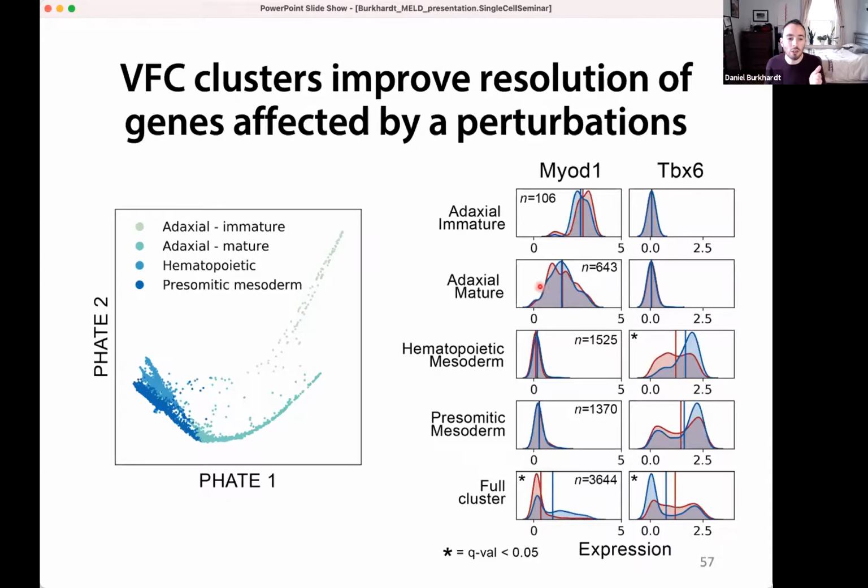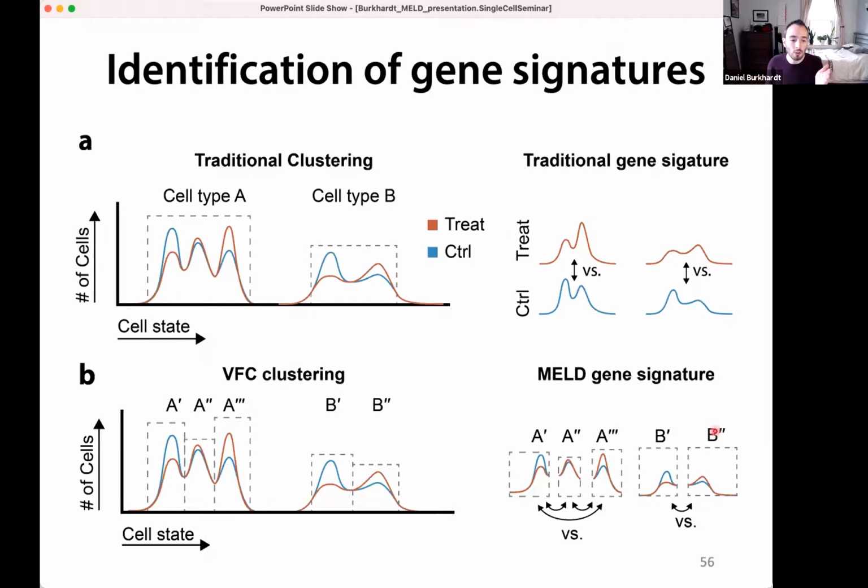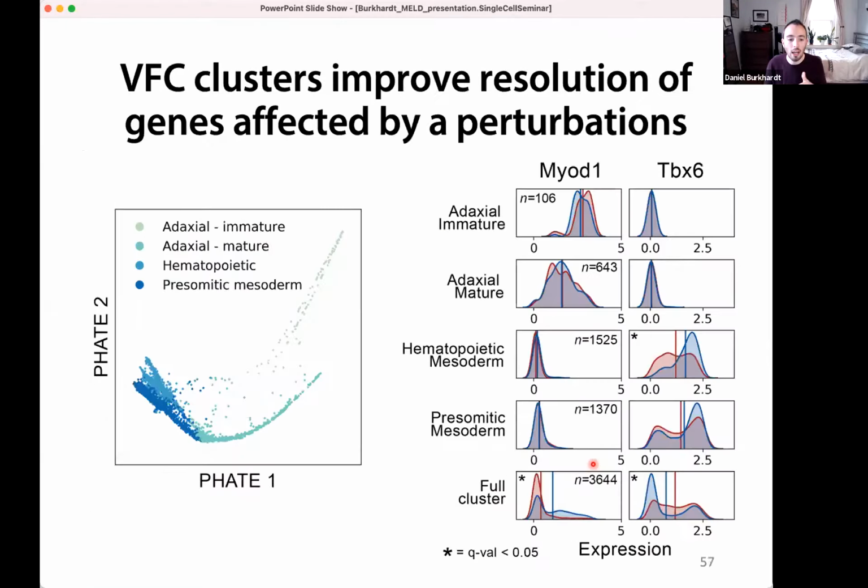What happens is that you see more cells that express MyoD1 after knocking out that gene. And this is something that you really only get when you use the clustering or partitioning of the data that is relevant to the response of the perturbation. And this is, I think, a really important finding for how we're going to quantify gene signatures, like what genes are upregulated when you perturb a data set in some way.